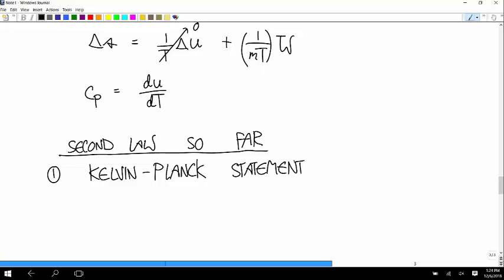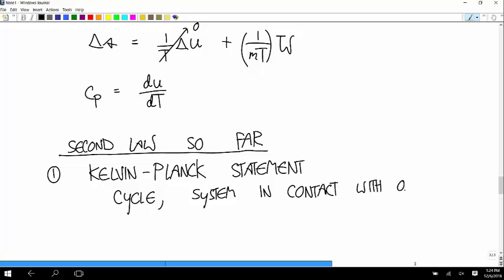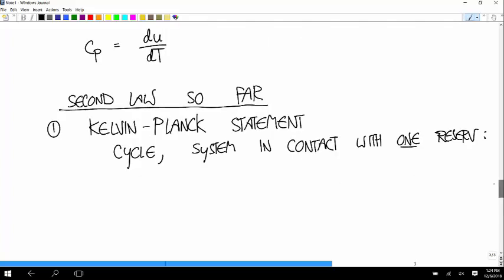And that says if you have a cycle and your system is in contact with just one thermal reservoir, then the work done by that cycle is less than or equal to 0.